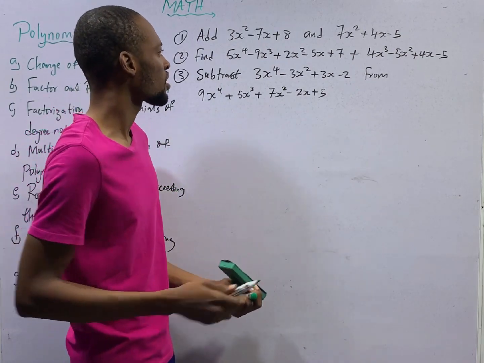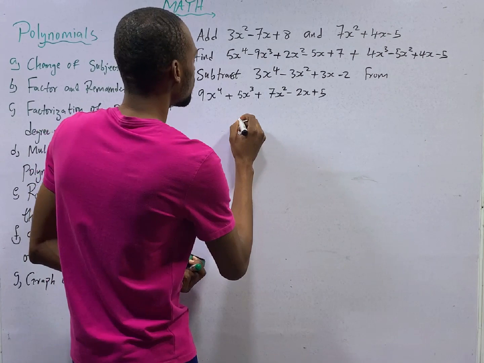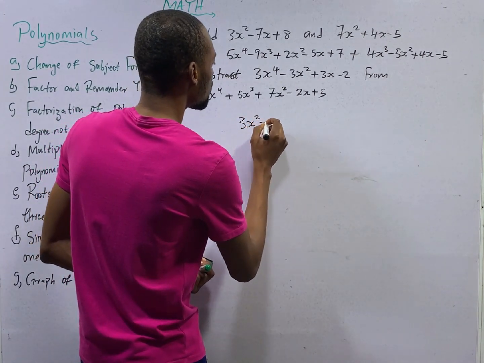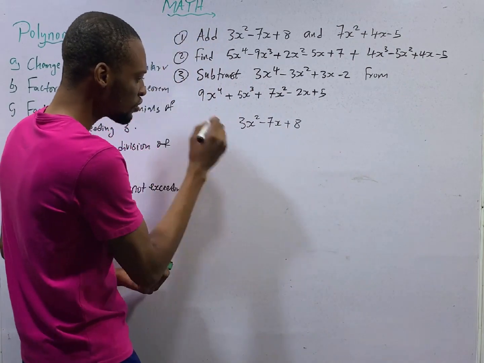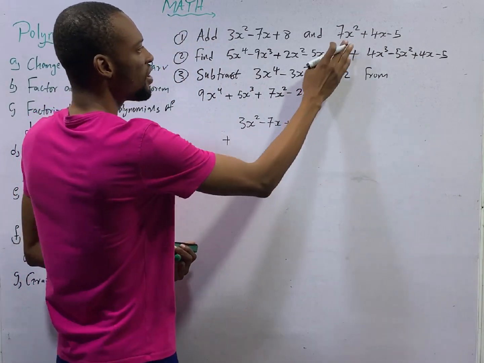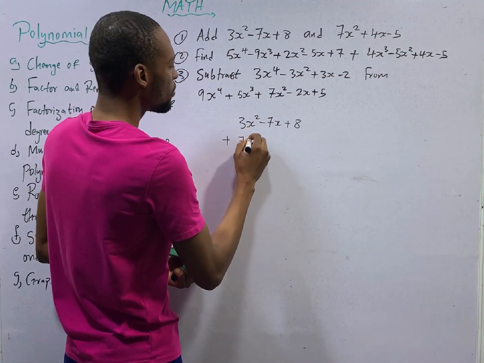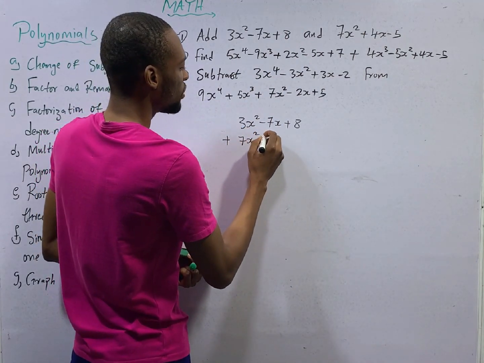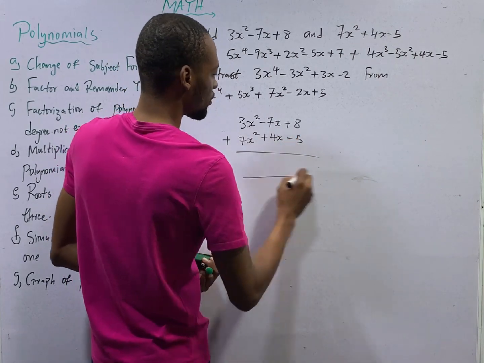Since we are adding, you take this one first. You say 3s squared minus 7s plus 8, plus. Then here, they are of the same degrees, so you can arrange them pair to pair, plus 4s minus 5, like this.